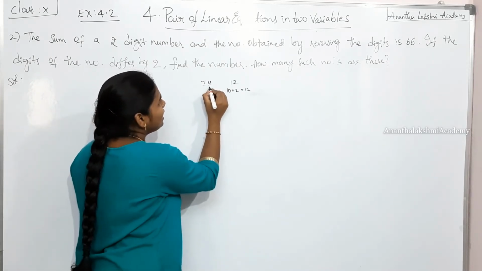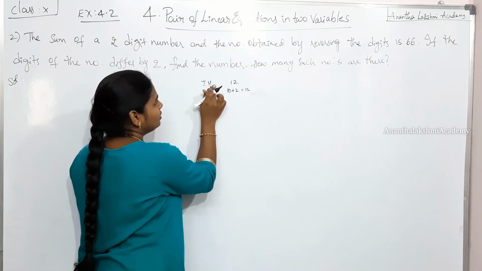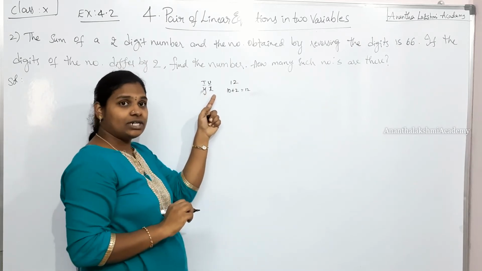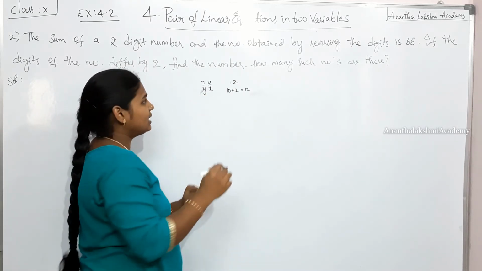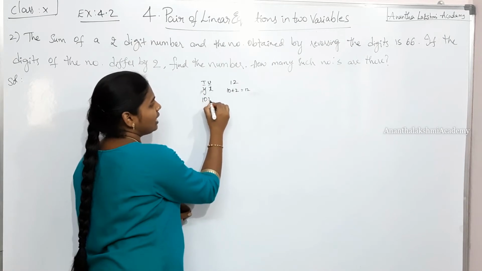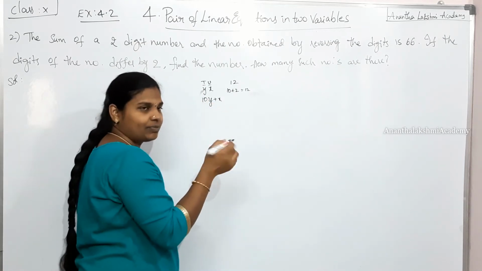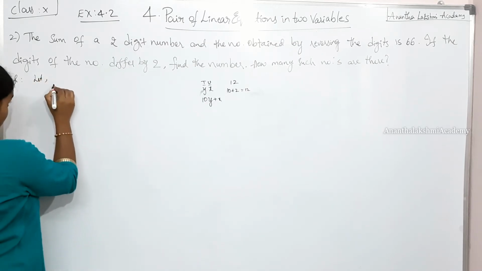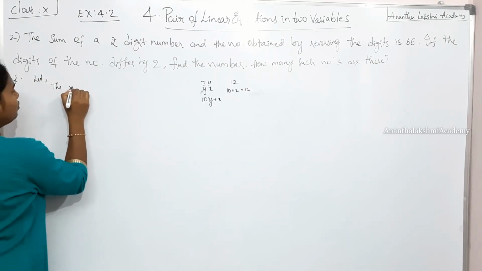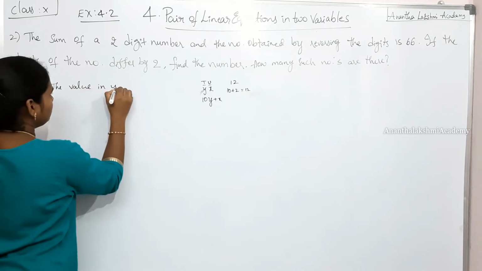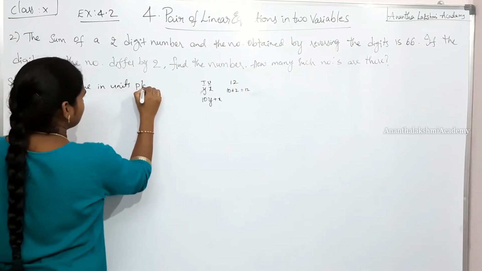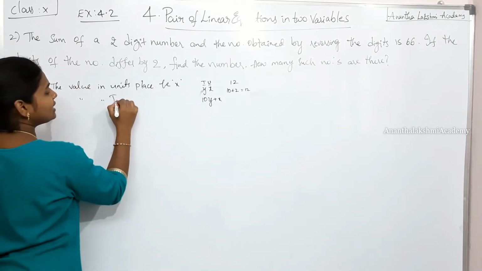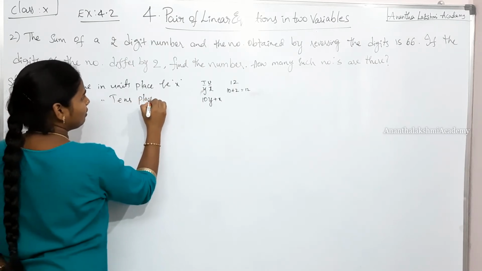So if I say x is in units place and y is in tens place, then this is going to be 10y plus x, isn't it? So let's get started. Let the value in units place be x. Likewise, the value in tens place be y.